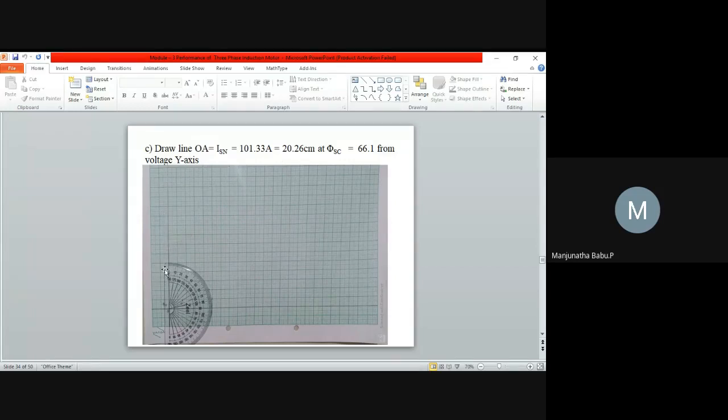Keep the protractor like this. You can see the second point somewhere here, at 66.1 degrees. After marking that value, extend the line from O up to 20.26 centimeters.